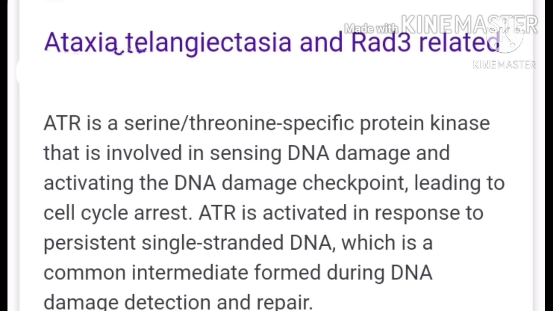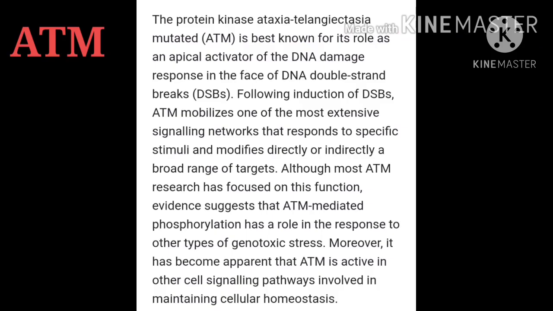The second option provided in the question is ATM. The full form of ATM is ataxia telangiectasia mutated protein kinase. This protein kinase is activated whenever there is a DNA double strand break. We can generally say that ATM becomes activated when there is genotoxic stress like a double strand break of DNA.